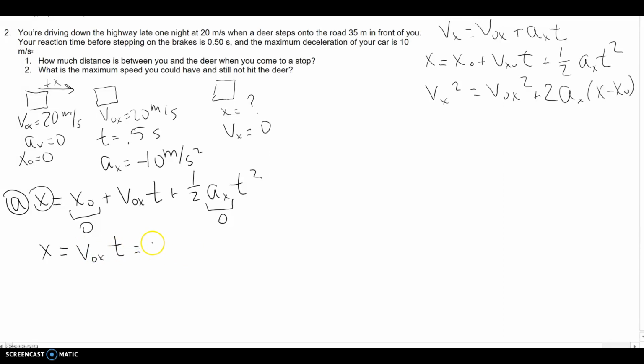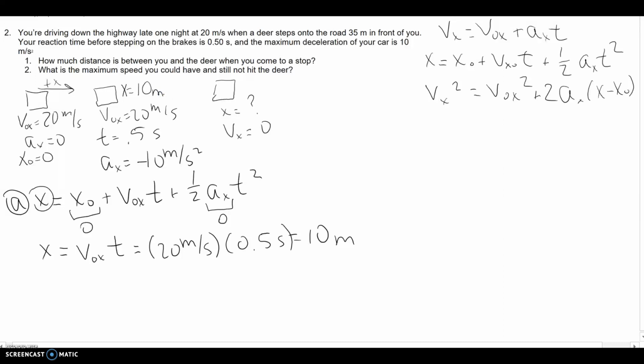So we take our positive 20 meters per second multiplied by our 1/2 second, and we get a value of 10 meters. All right, so now we have found that this location here is at 10 meters.